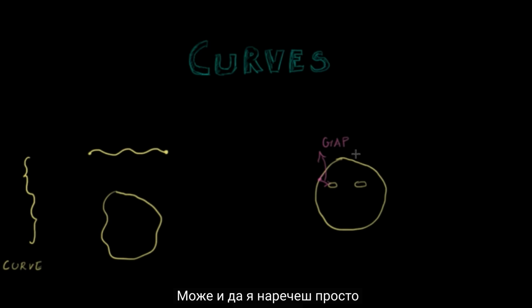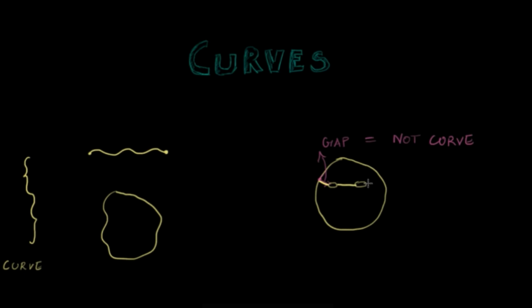You can just call it a gap. So if there is a gap, then it's not a curve. So if you want it to be a curve, then it has to be what we call continuous. So maybe if I take this and connect it with some specs, then what I have is a curve. But if I have that gap, then what I have is not a curve.